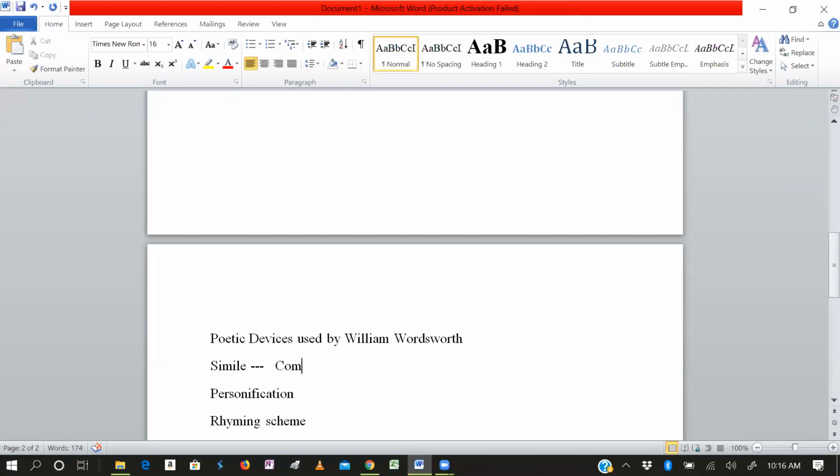Okay, so you have got to know what comparison is. Simile is a comparison of two unlike things, meaning different things, using the word as or like.